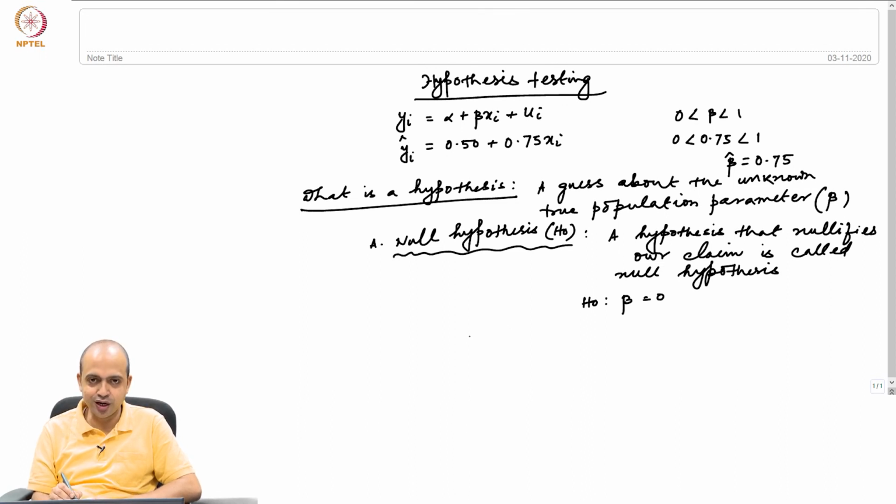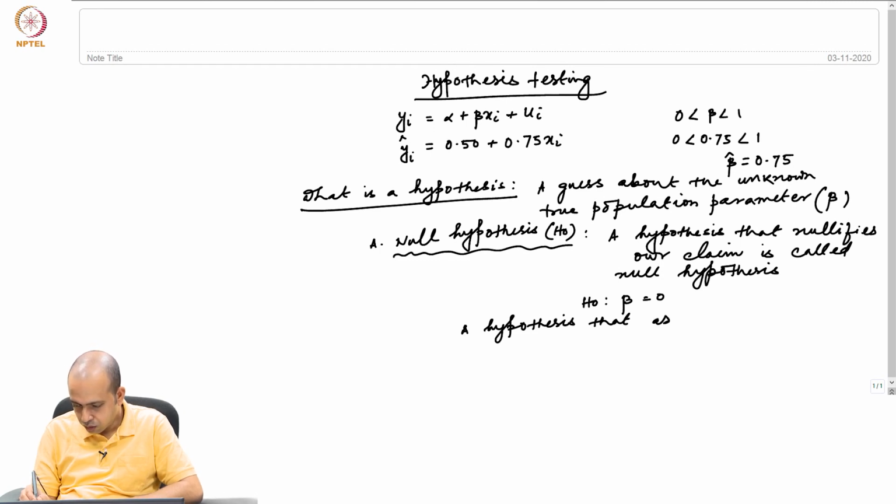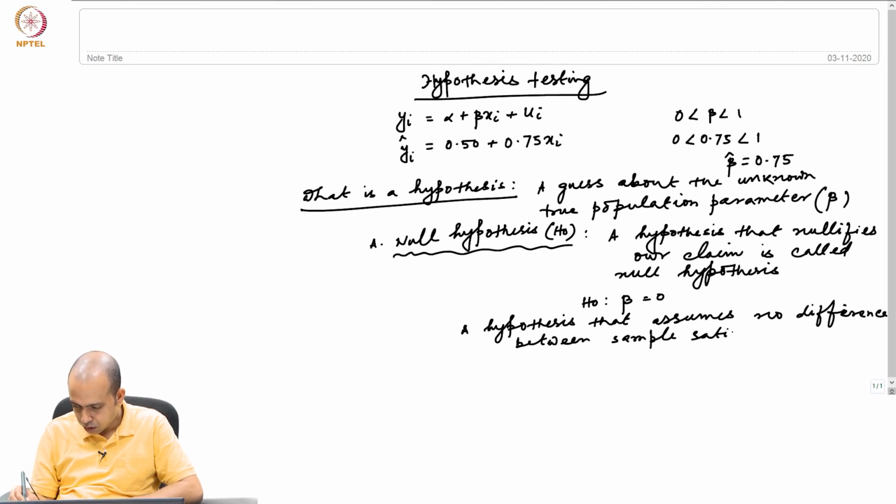There is another way of defining it, which says that it is a hypothesis that assumes no difference between the sample statistic and the population parameter.